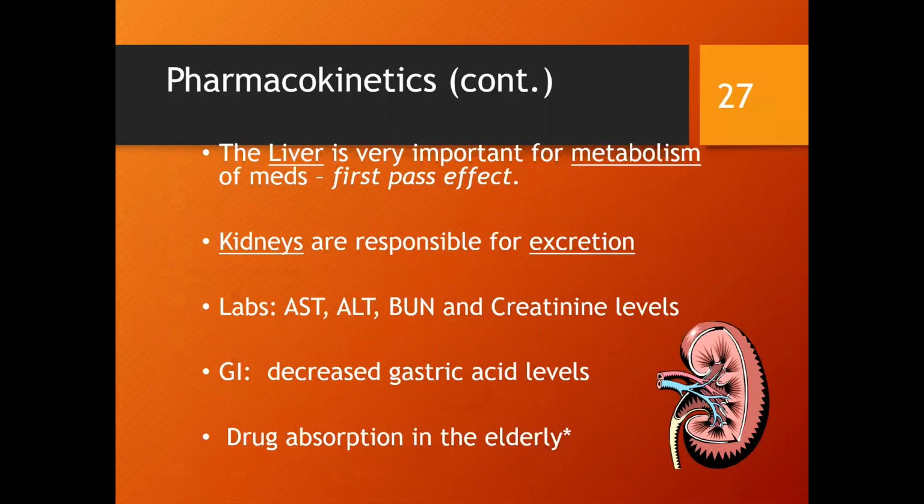Continuing on with pharmacokinetics, the liver is very important, okay? The first pass effect is very important as well, as many oral drugs are rendered inactive by the hepatic metabolic reactions. So one may need another form, such as IV, IM, sublingual, per rectum, just because of the first pass effect.